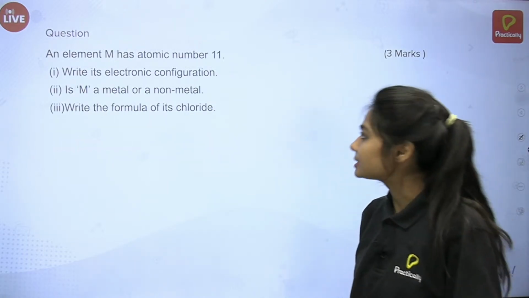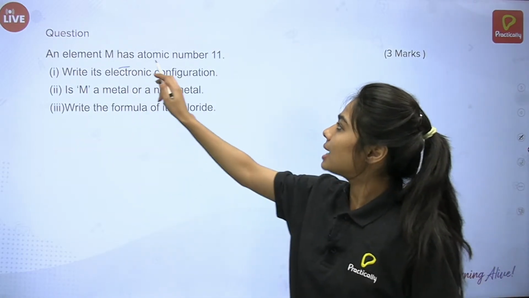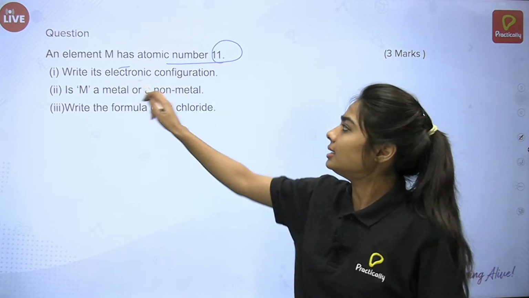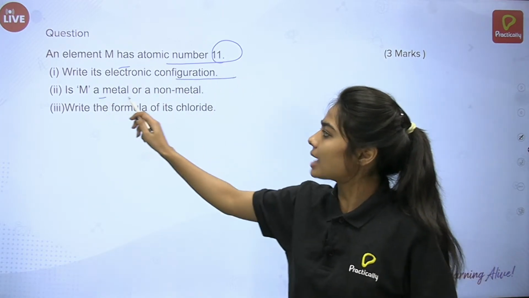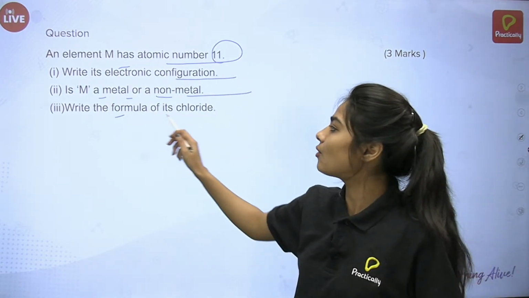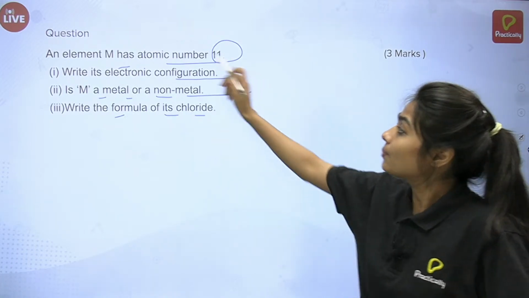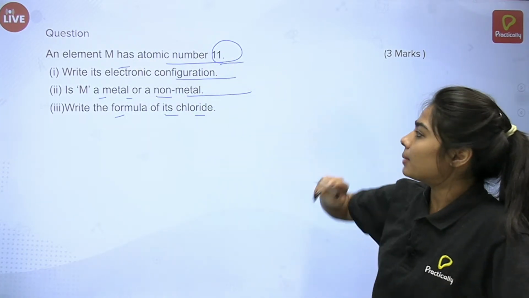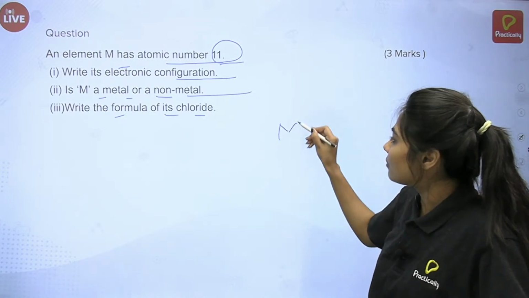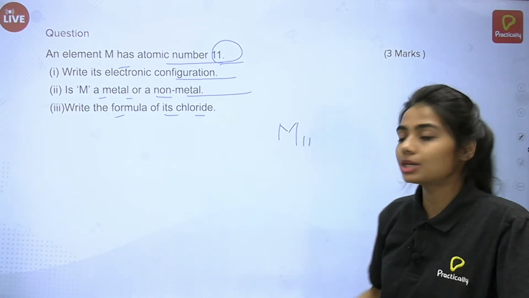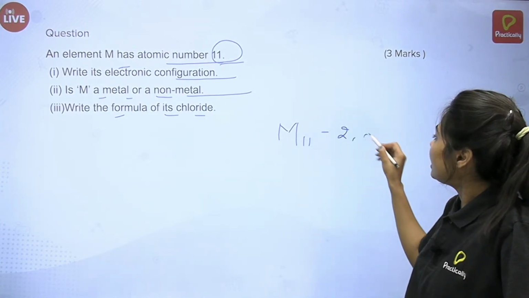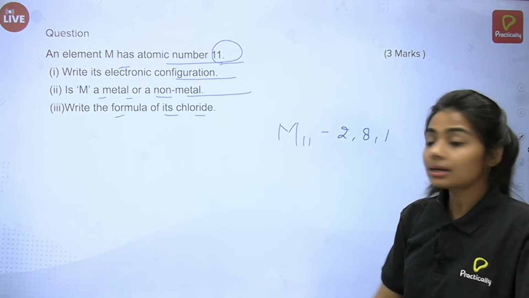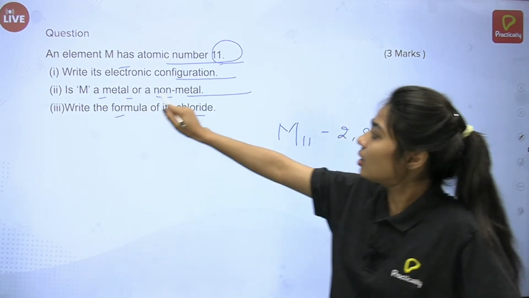Okay. Next, an element M has atomic number 11. Write its electronic configuration. Is M a metal or a non-metal? Write the formula of its chloride. If it has atomic number 11, what will be the electronic configuration? 2, 8, 1. Correct? Now, is it a metal or a non-metal?